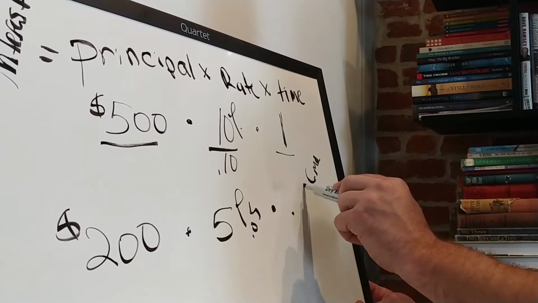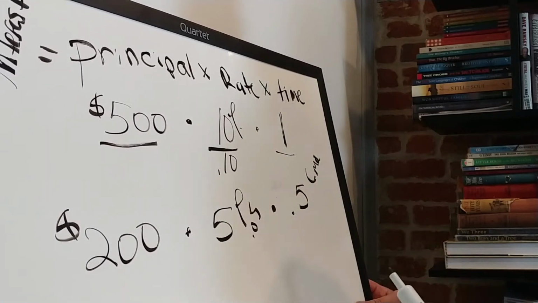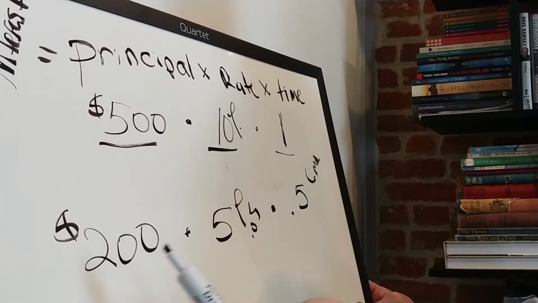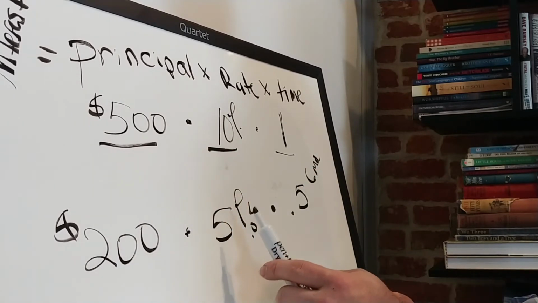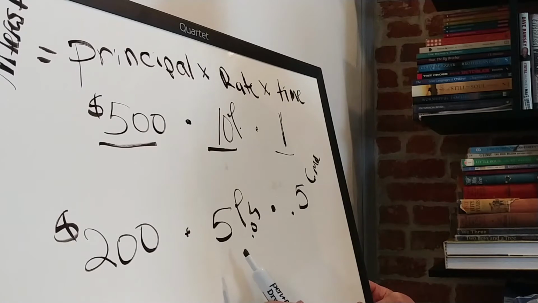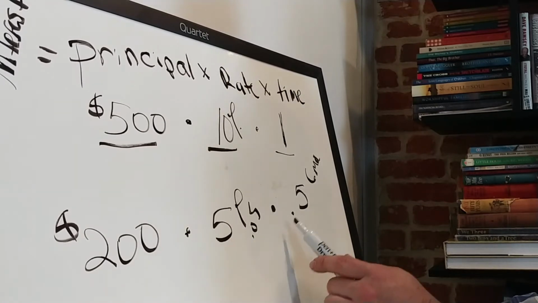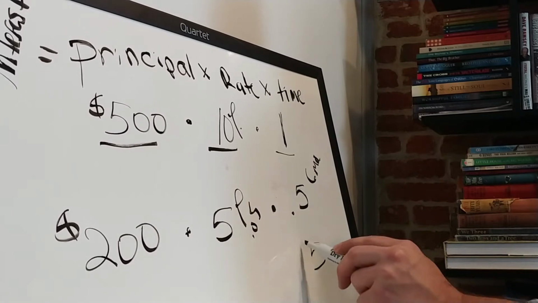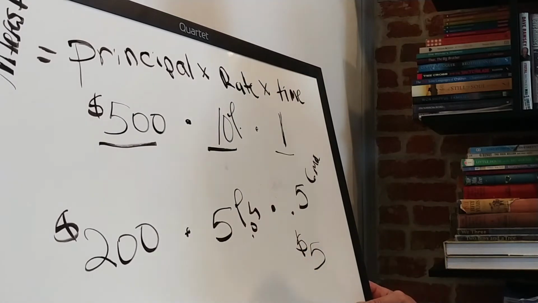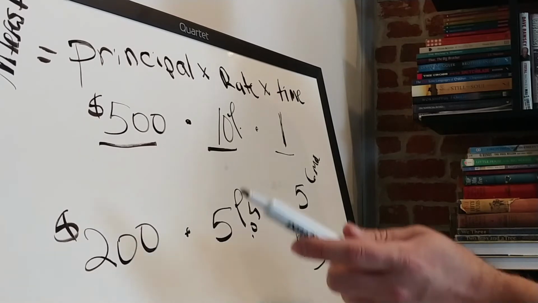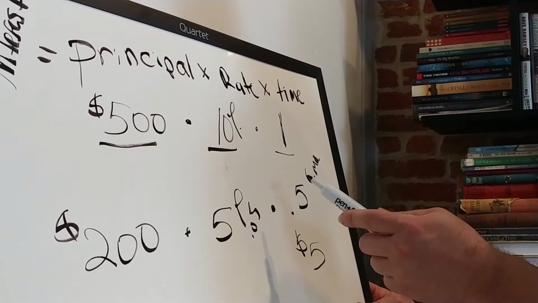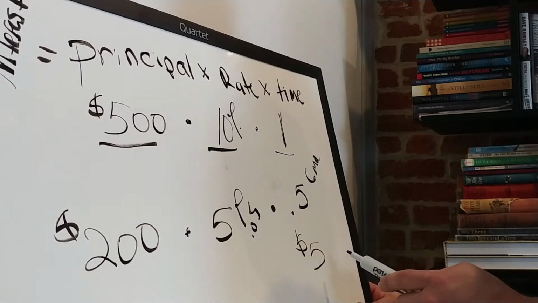So you'll use 0.5 for a half of a year, because the percent is always figured for a year. So the $200 times 0.05 would be $10. $10 times 1/2 would be $5. So your interest on $200 at 5% for half a year would be $5.